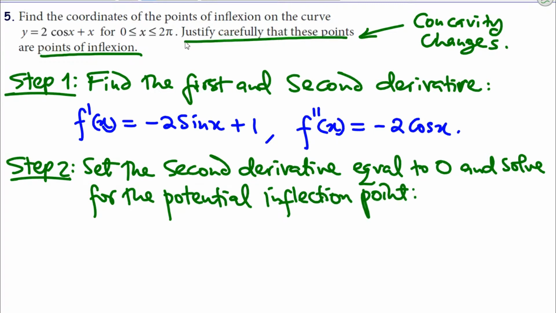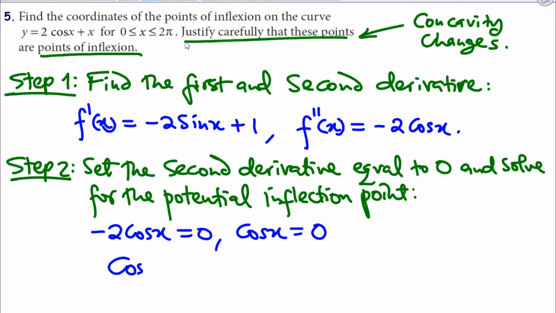So the second derivative here is negative 2 cos x, equate that to 0, and then we need to solve for this, which means that cos x will be equal to 0.